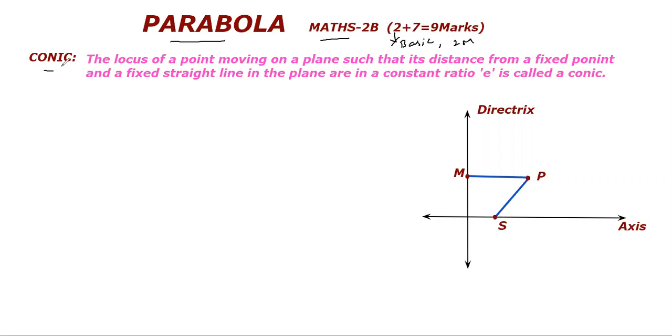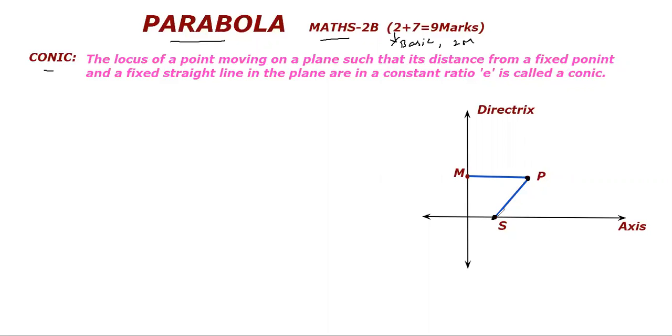Before the parabola we have to know about the conic. Conic is nothing but a locus of a point moving on a plane such that the distance from a fixed point. Here this is a fixed point I am taking. This is a point on the plane.